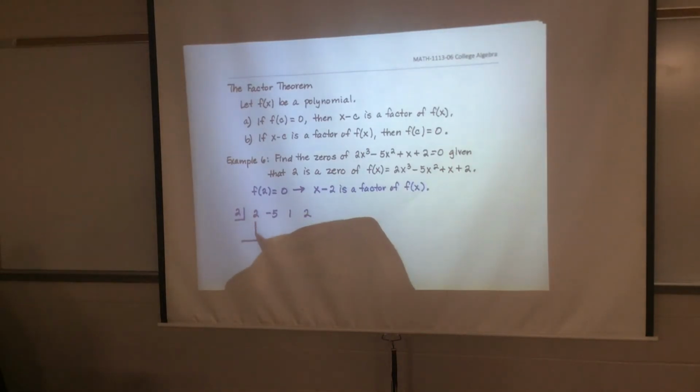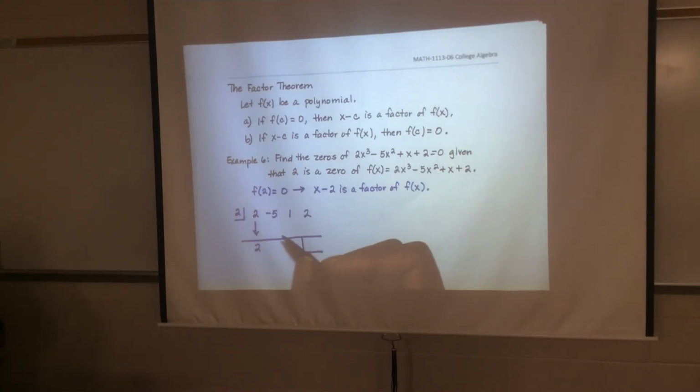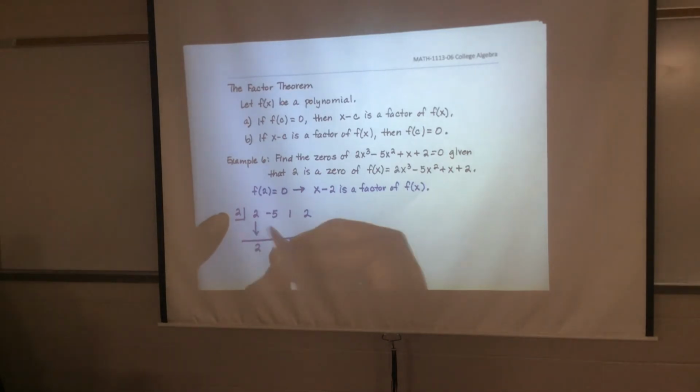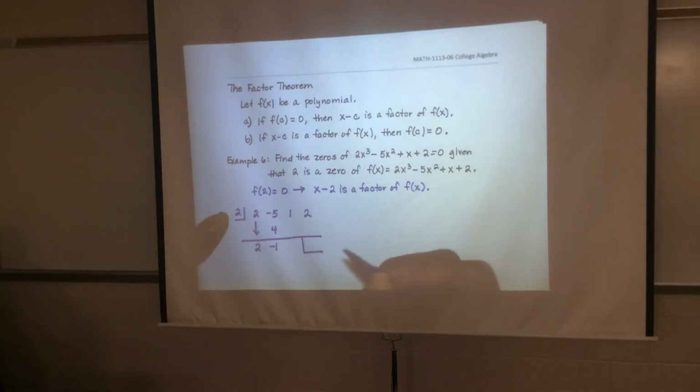So here I'm going to put down the leading coefficient of 2 in the bottom row. And then multiply the divisor of 2 times this number 2. 2 times 2 will give me 4. Put the 4 underneath the -5 and add -5 and 4 together, you'll get -1.